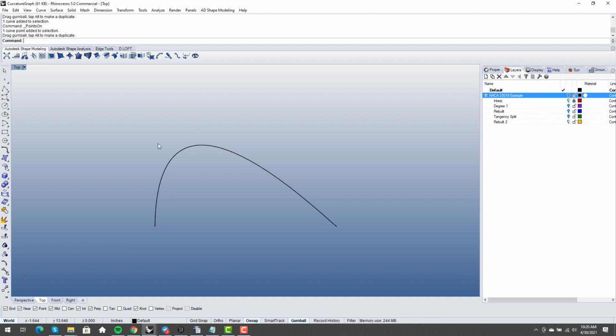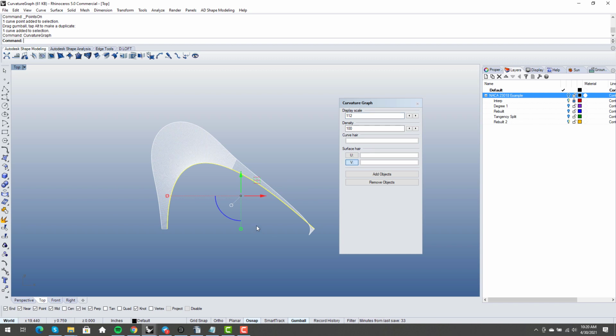My curvature doesn't cross zero, right? Because visually that's what it looks like, but you bring up your curvature graph, well, what's going on here, right? Well, the problem is this point relative to this point needs to come out this way in order for that to be the case.